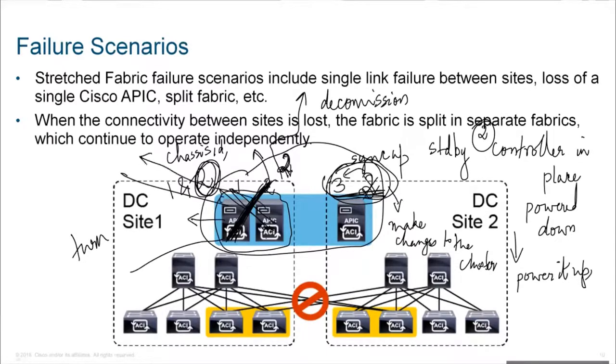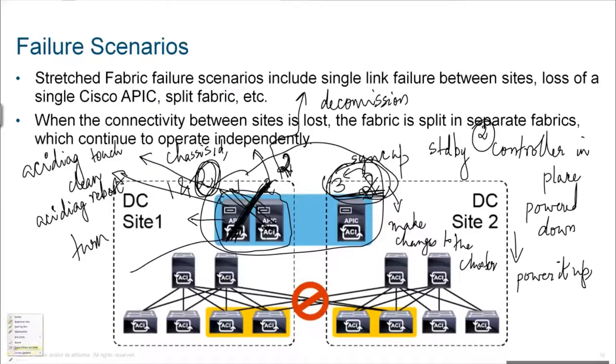You can go into the command line and say acidiag touch clean, and then acidiag reboot. However, you can only have node number 1 join because I already have 2 and 3 on the other side. So if you really want to have the 2 join again, you would actually have to decommission the 2.